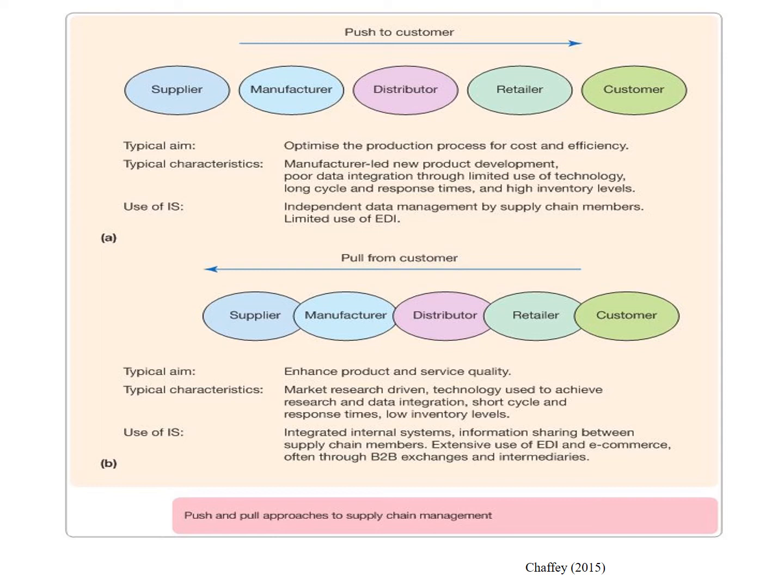So here, going the other way, the pull goes from the customer to the retailer, to the distributor, to the manufacturer, and to the supplier.